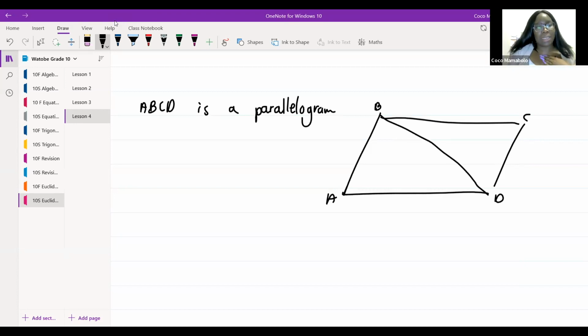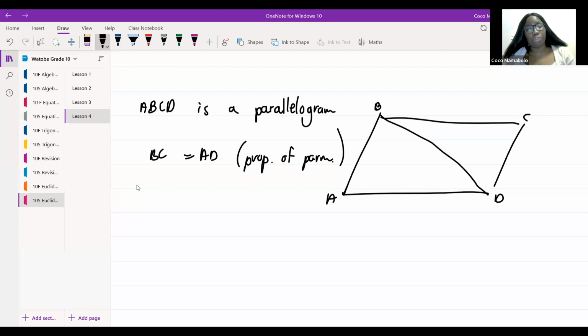They have told me that ABCD is a parallelogram. Only then can I say, in my answer, BC is equal to AD, and my reason for that is properties of a parallelogram. I can't use that as a reason for my proof.